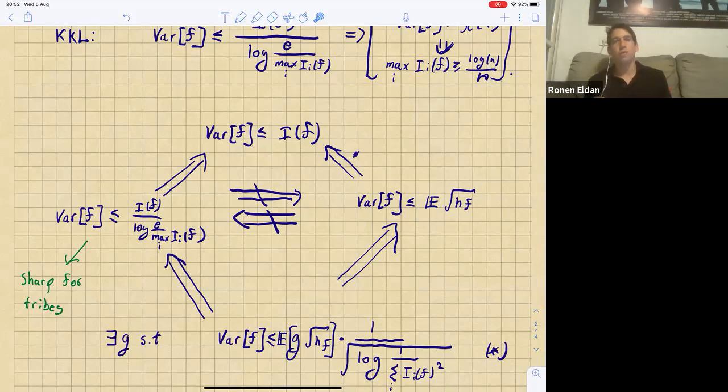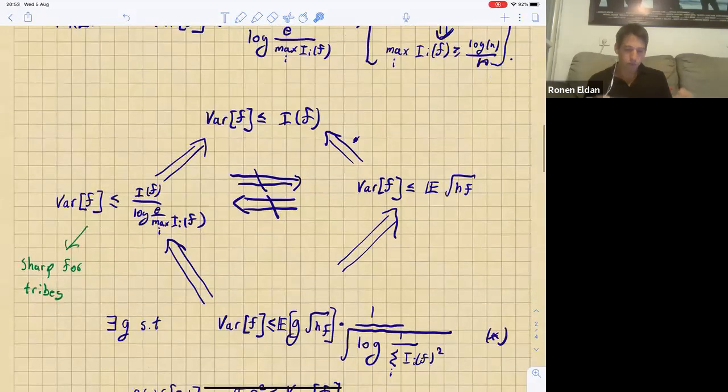Our approach somehow completely bypasses hypercontractivity. And just to give a teaser for what's going on: hypercontractivity basically tells you, the philosophy is, start from the original function, apply some noise to it, apply the heat operator, and then you get some function which is much smoother.